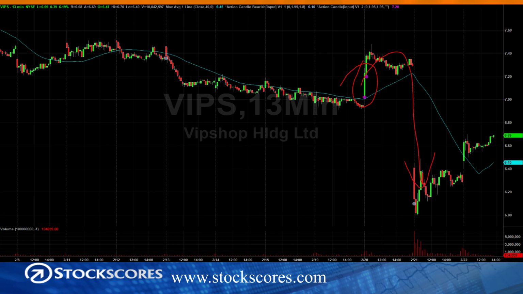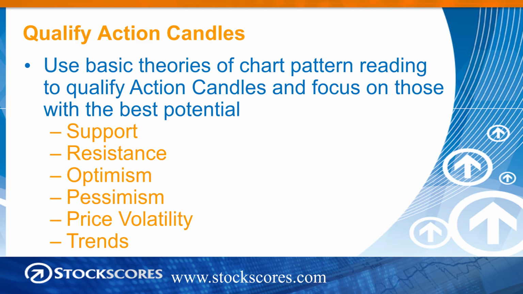And because this indicator doesn't work in every example, we have to qualify which action candles are really worth considering. And we can use basic theory of chart pattern reading to eliminate the action candles that aren't worth taking and really focus on those that have the best potential. So some of the concepts that I teach are support, resistance, optimism, pessimism, price volatility, and trends.